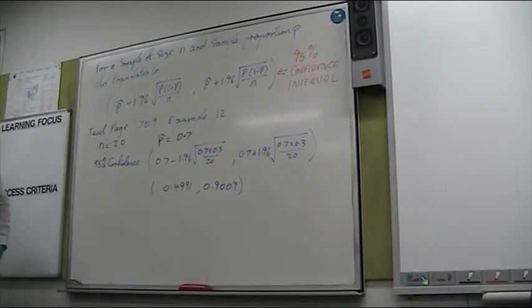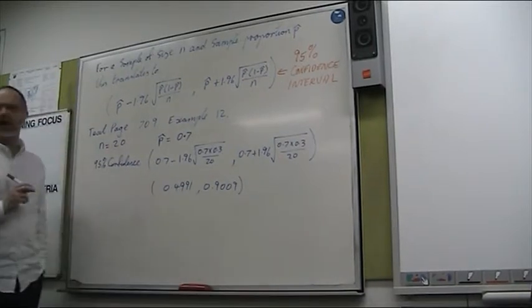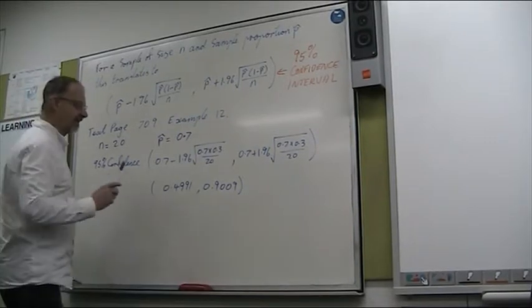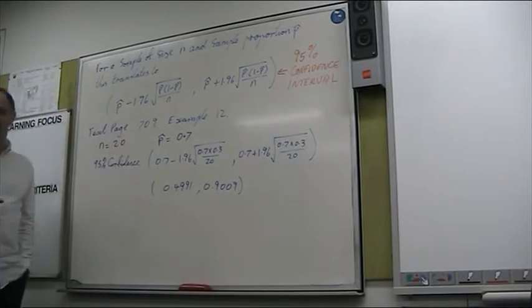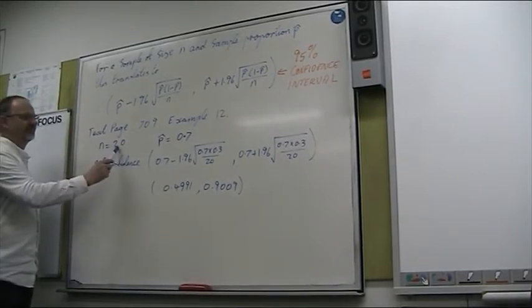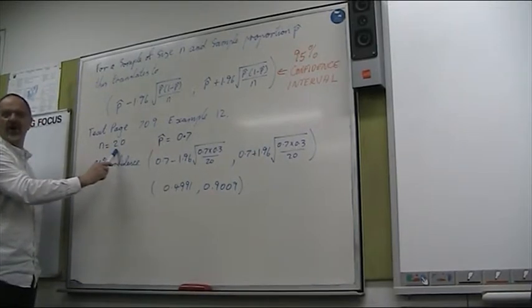The issue with this number is, anyone guess? Do you have to round it? No, not rounding it. It has to do with one of these up here. Oh yeah, it's greater than the sample proportion. Not this, it's this: only 20 people we've looked at. So we're trying to estimate the whole of Australia based on just 20 people.